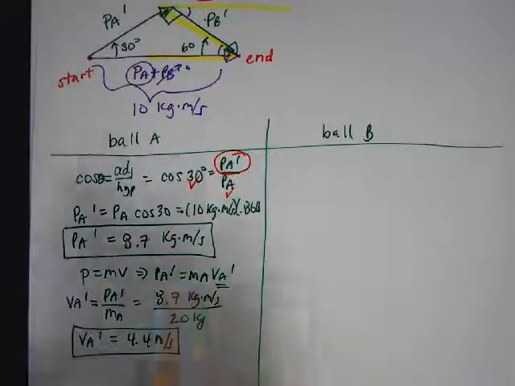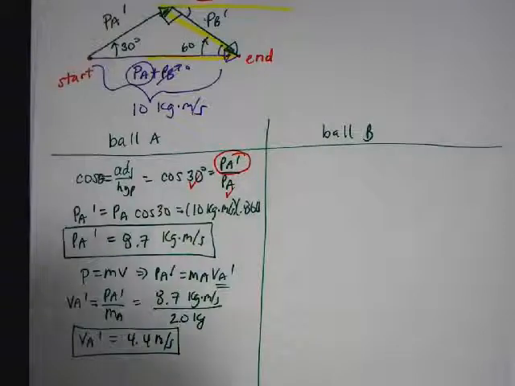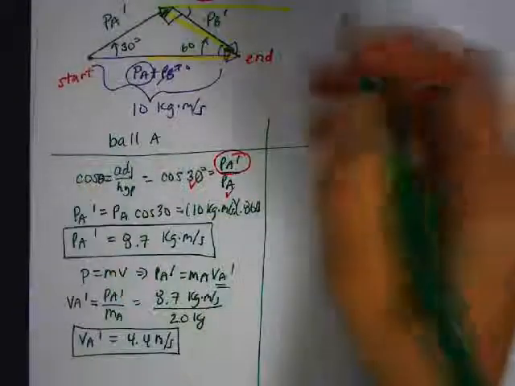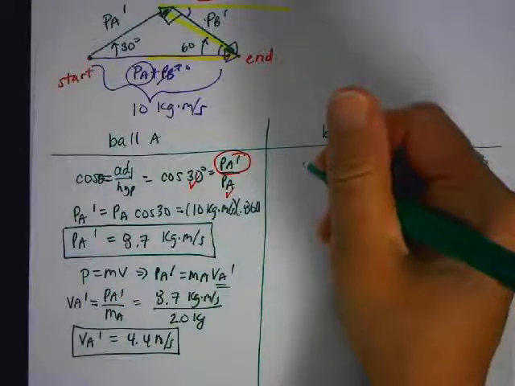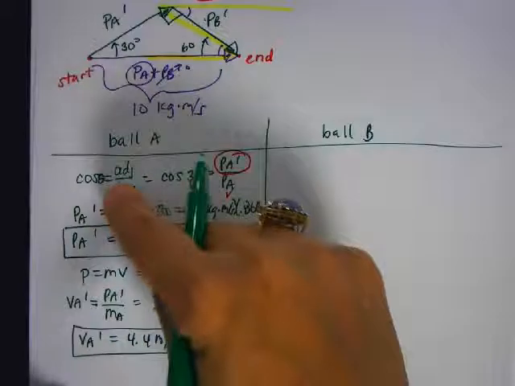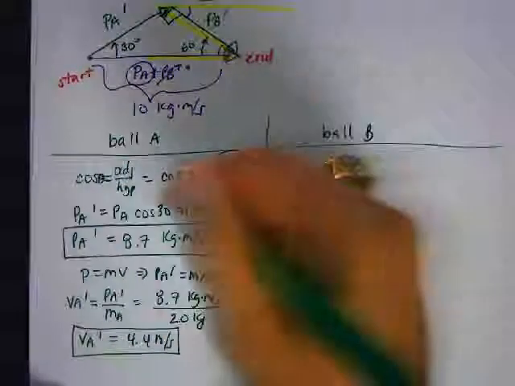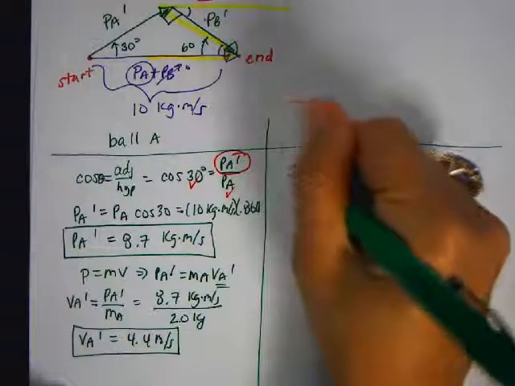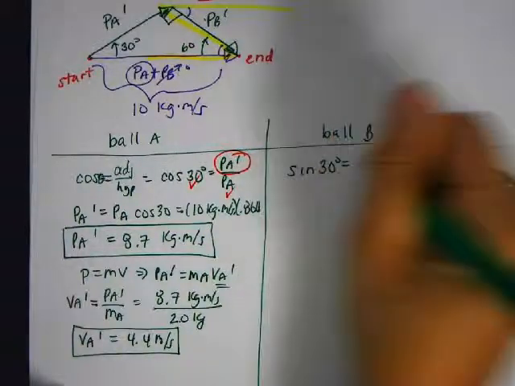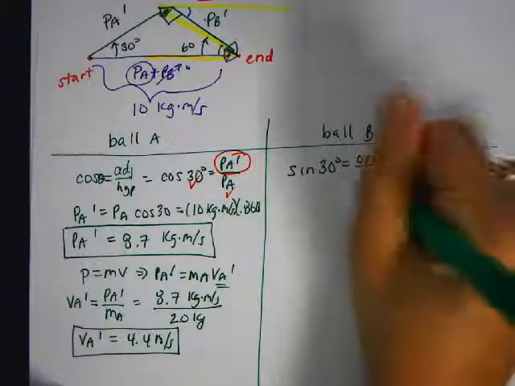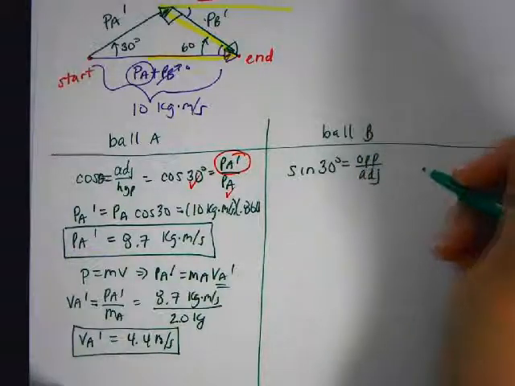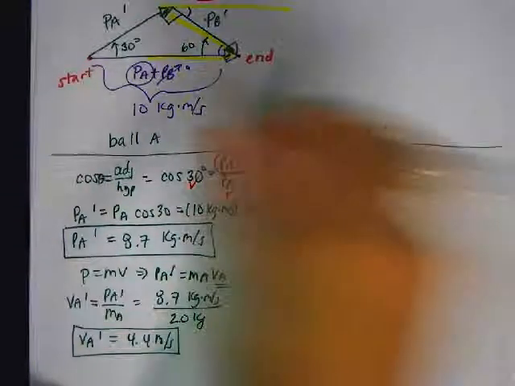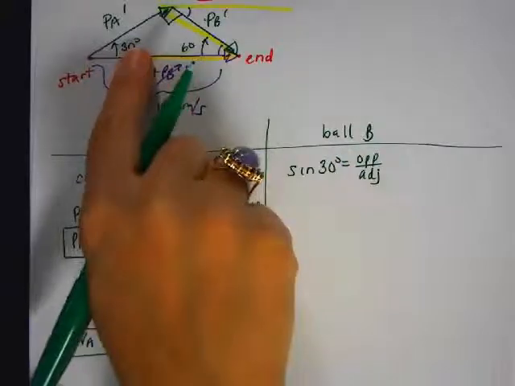Now we do the same thing with ball B. So should I use sine, cosine, or tangent? Well, just to show you that you could use sine or cosine, instead of using cosine, we'll use sine. So sine of 30 is equal to opposite over hypotenuse. Or I could do cosine again, because PB prime is opposite the 30-degree angle and adjacent to the 60-degree angle.